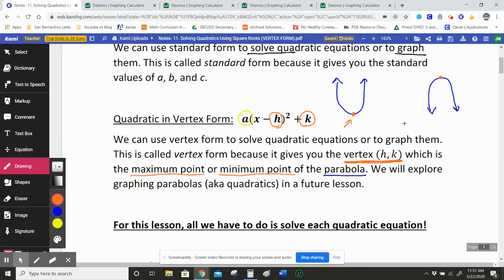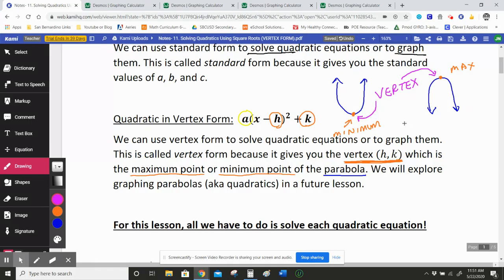So this is also known as the minimum point or the maximum point. But no matter what you call it, at the end of the day, this point is called the vertex of that parabola.